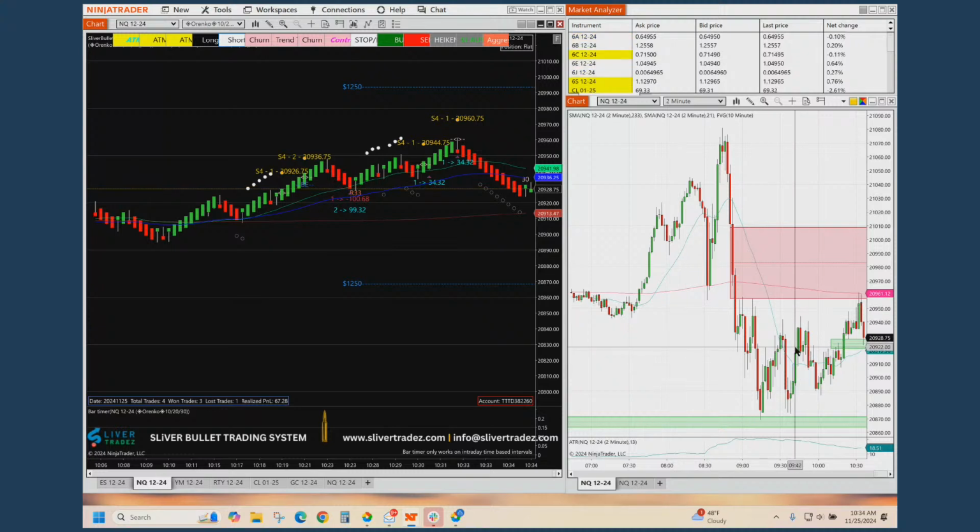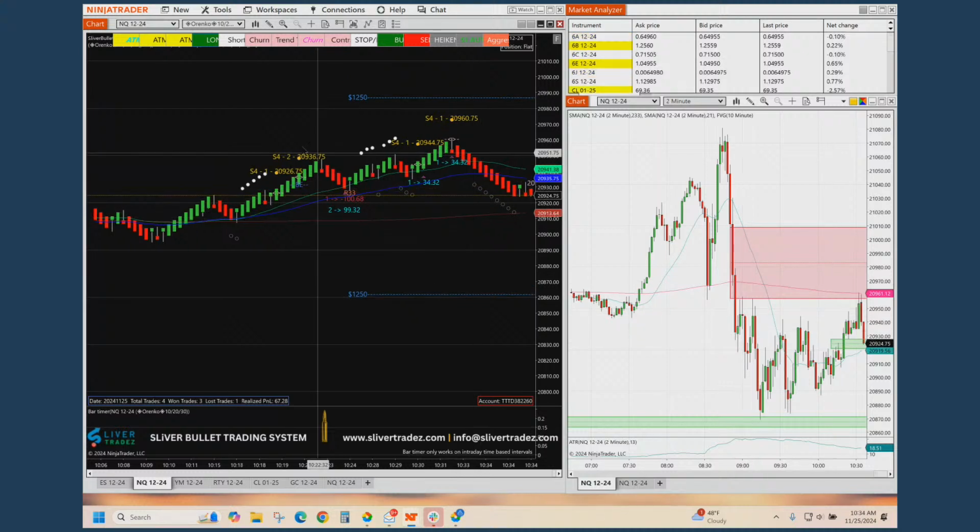Now we churn. Churn scalper could be a possible trade opportunity here. Nice FVG has been formed.